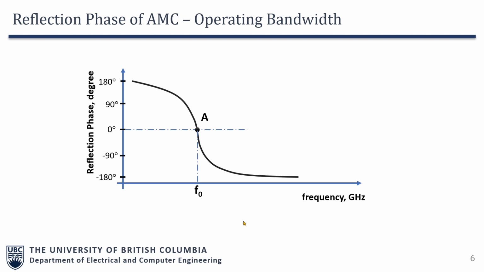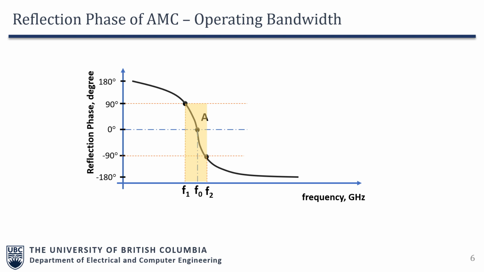And if we further analyze this plot by intersecting the plus 90° and minus 90° lines, we can see the two points of intersection, and then determine the bandwidth between F1 and F2. So that shaded region is the bandwidth of the AMC, wherein the AMC does not invert the phase of the reflected wave. That means within this frequency range, whatever incident wave hits the surface of the AMC, the reflected phase will not change.